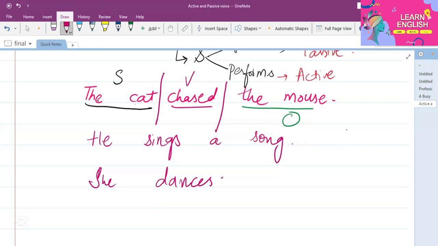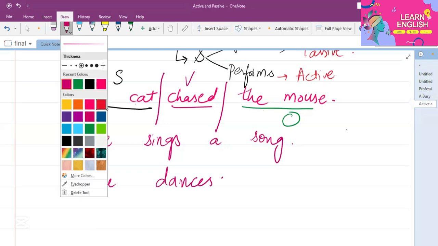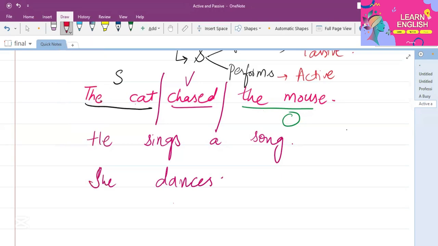Let's recall the rules of how to convert sentences in active voice to passive voice. But one more thing I should make clear is that if there is no object in a sentence, it cannot be converted to passive voice.